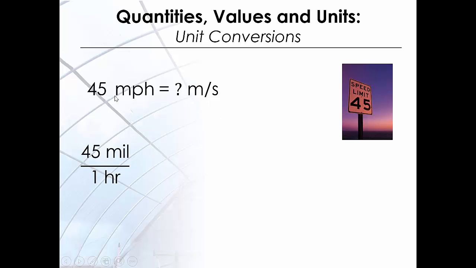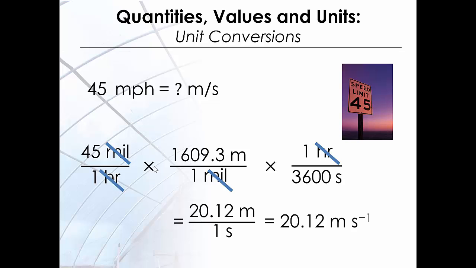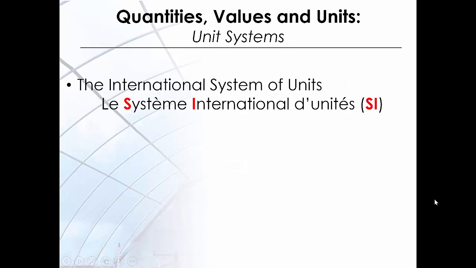For instance, 45 miles per hour times 1 mile equals 1609.3 meters, so the mile unit cancels out, times 1 hour equals 3600 seconds, therefore the hour unit cancels out, leaving the resulting value and the unit as 20.12 meters per second.